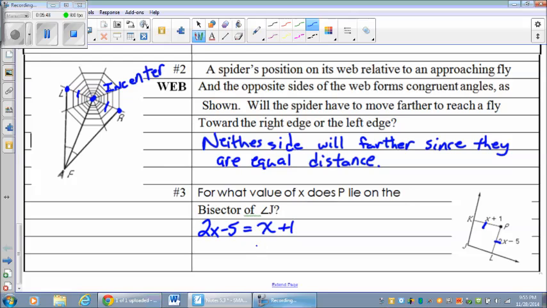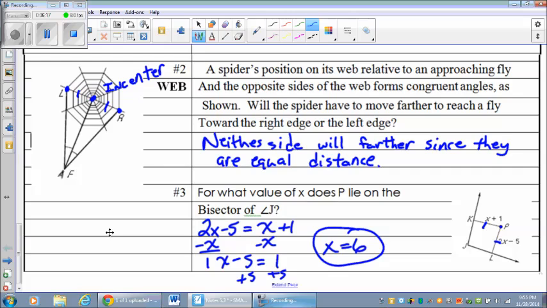I'm going to subtract the x from both sides. And that leaves me just 1x minus 5 is equal to 1. When I add the 5 over to the other side, it tells me that x will equal 6. So when x is equal to 6, P is actually on the bisector. So that'll be our answer.